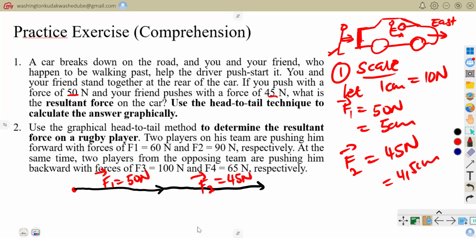Now, for me to draw this, I will need to take my ruler and my pencil. I'll start here. This is my reference point. I assume that this is a straight line.